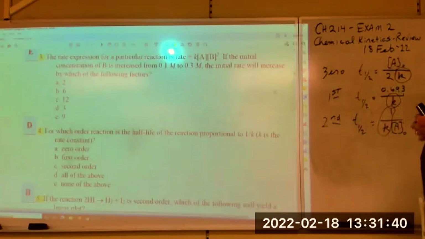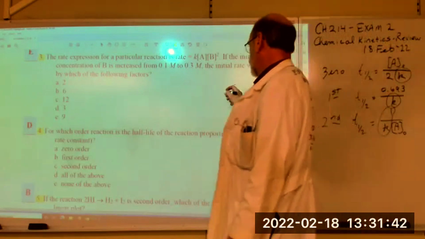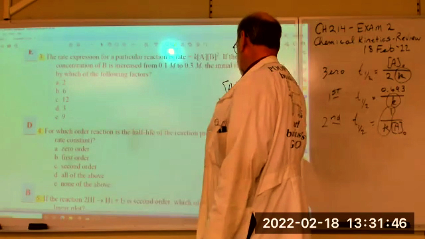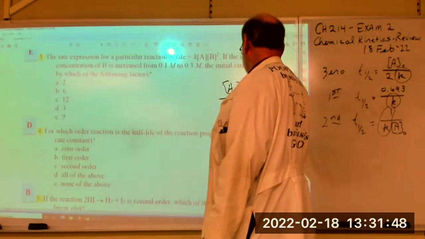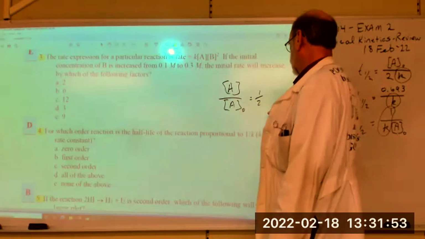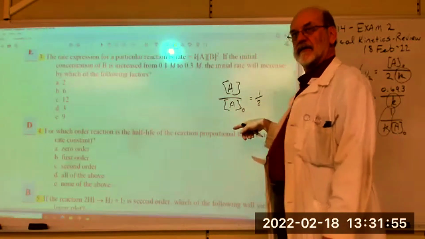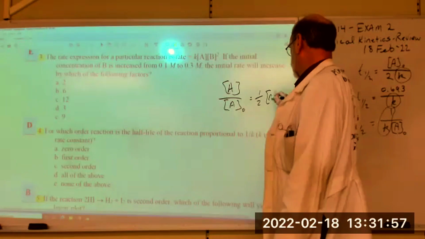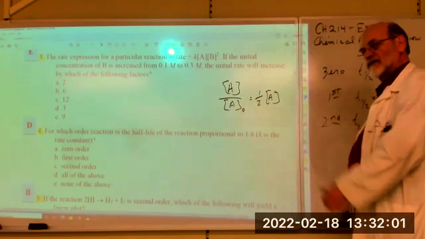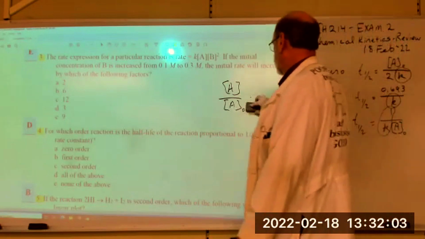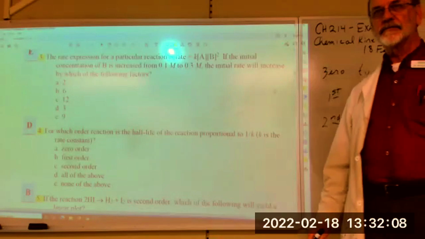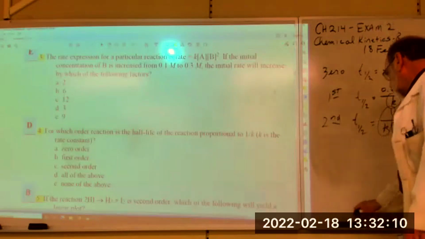How long does it take for half to disappear? And you say that this one divided by the initial is equal to 1/2 of the initial. That ratio is 1/2. And then you can solve and resubstitute into the equation and solve for the time. You can't use the differential rate law because it has no time term in it.